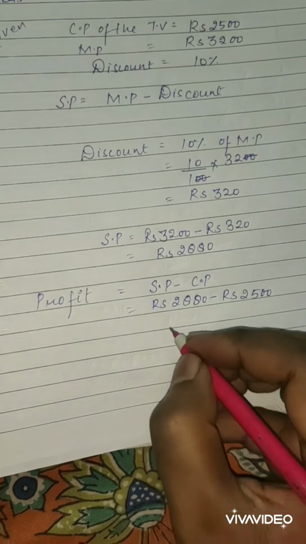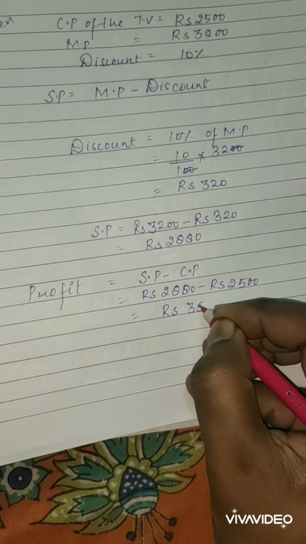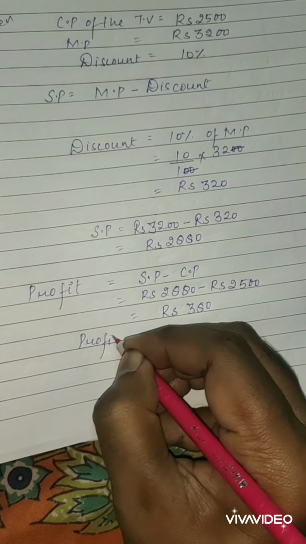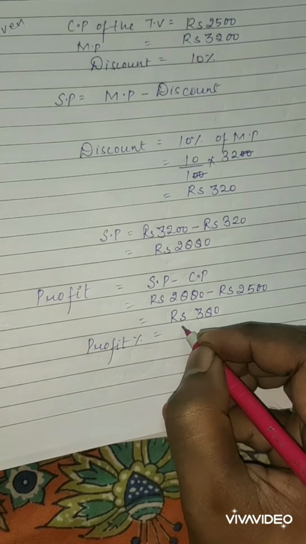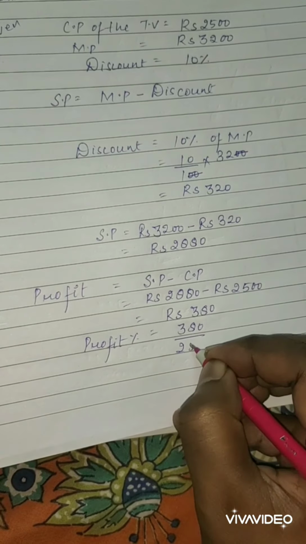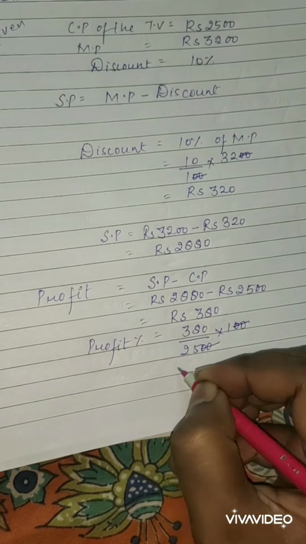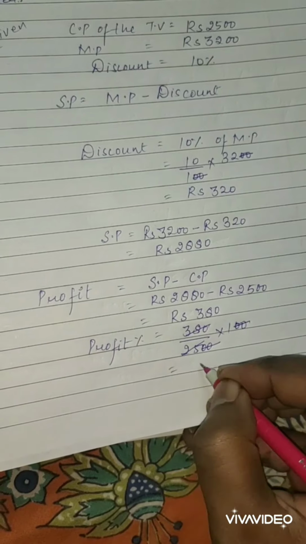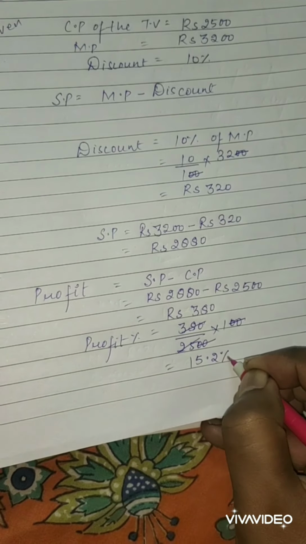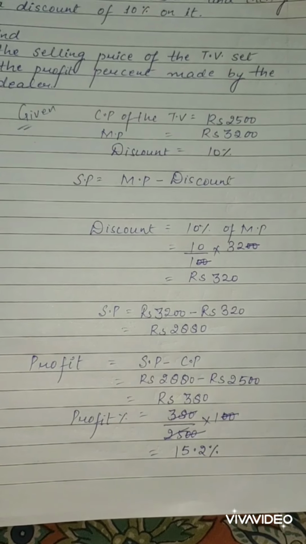Okay, so you got 380 rupees. Now from here we will take out the profit percent. So that is profit upon CP into 100. When you solve this, you will get 15.2%. So I hope you have understood this question.